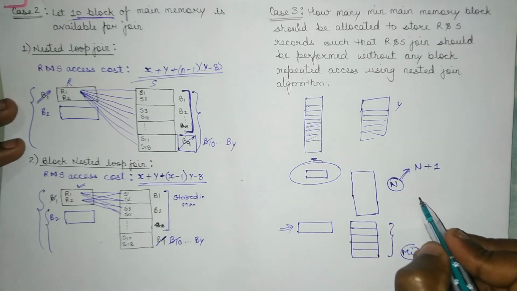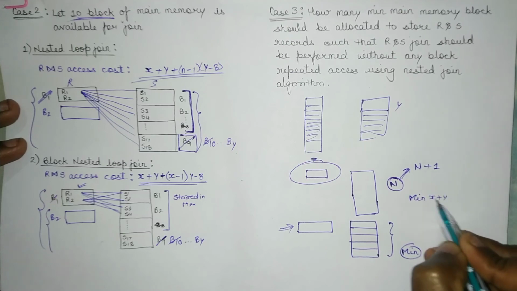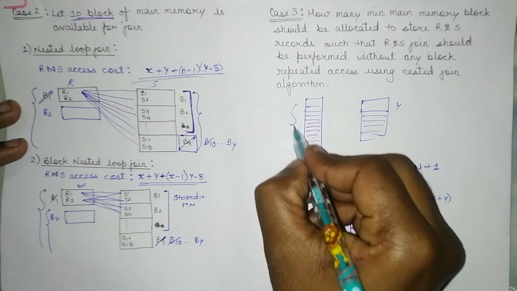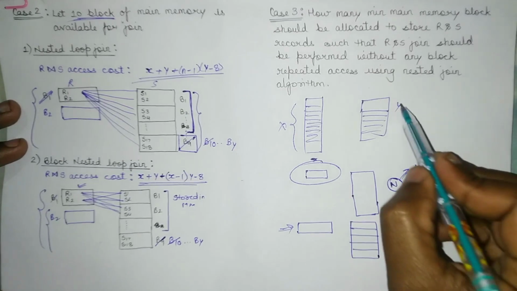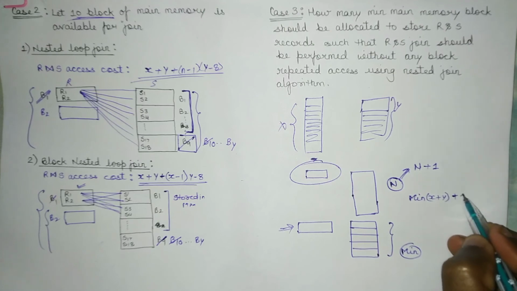So can we say the minimum of X plus Y, where X is the number of blocks of relation R and Y is the number of blocks in relation S. So the minimum of X plus Y plus 1.